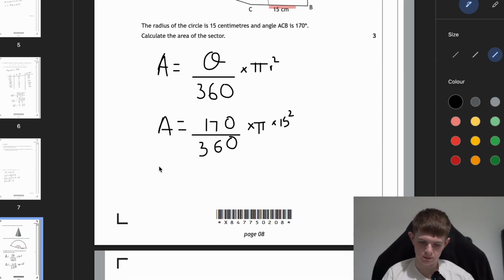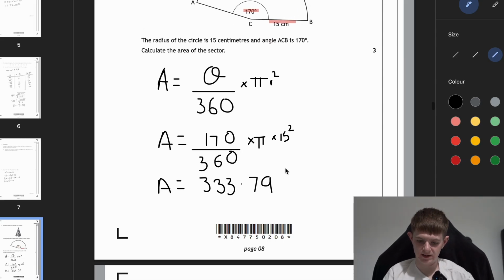Now, whack out the calculator. So we get 170 divided by 360 times by pi times by 15 squared. And that got me out 333.79. Remember, it's an area and it's talking about centimetres, so centimetres squared in there.